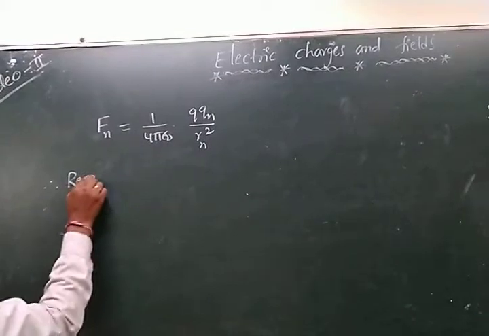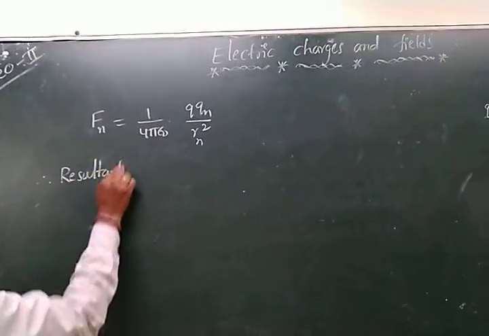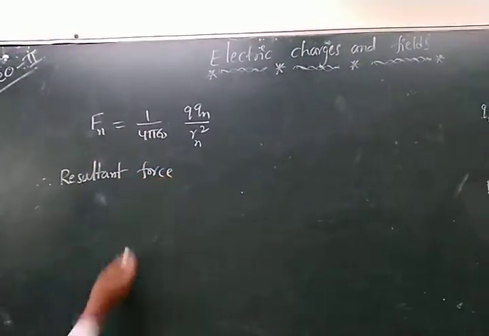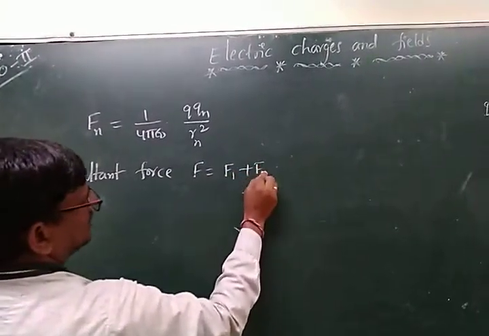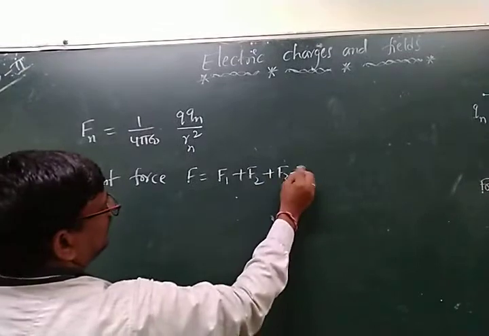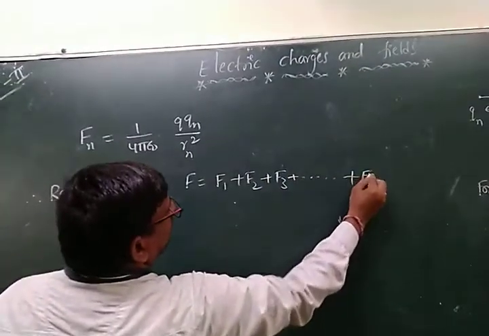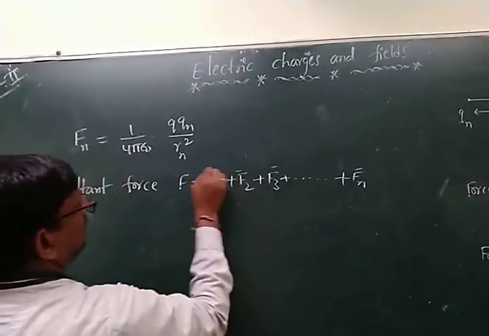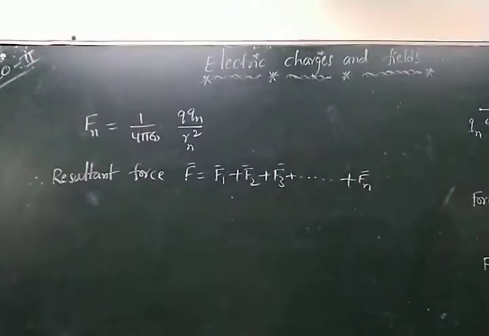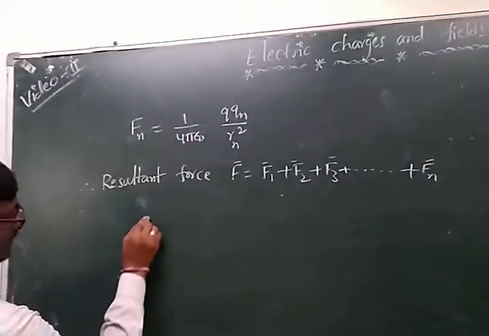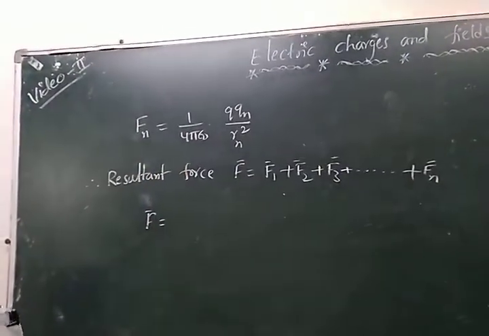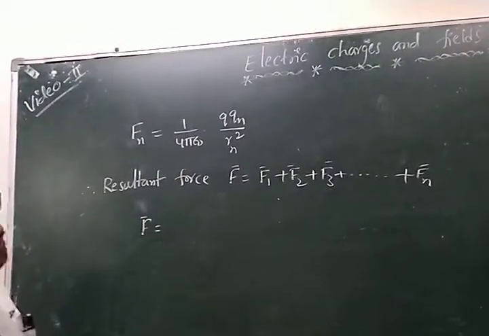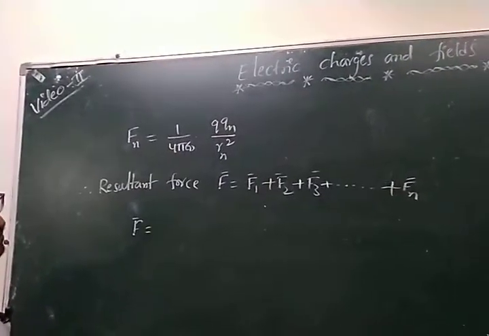Therefore, the resultant force F bar is equal to F1 plus F2 plus F3 and so on plus Fn, where the bar indicates direction.